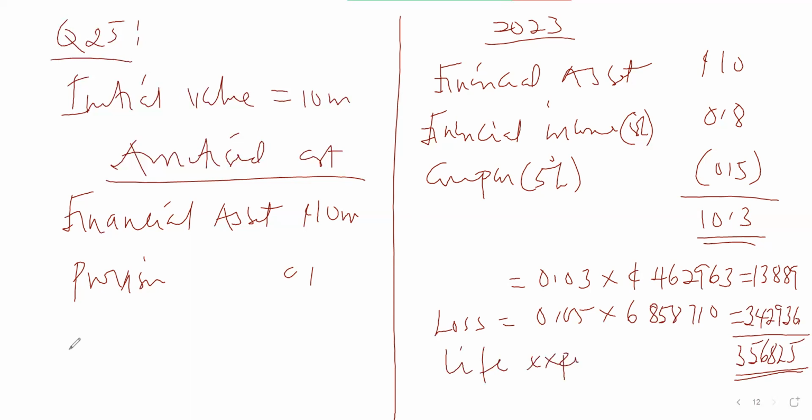But the question is, we have already made a provision of what? We have already made a provision of 10,000, isn't it? 10,000, yeah. Okay, so let's take the 10,000 from that.